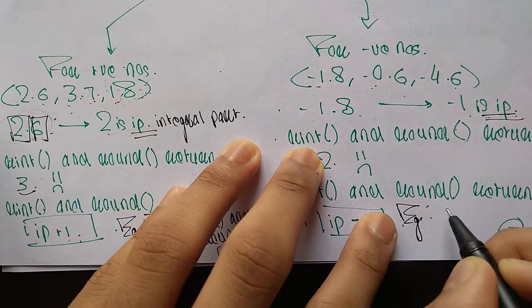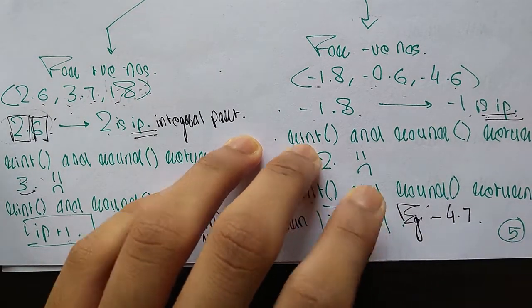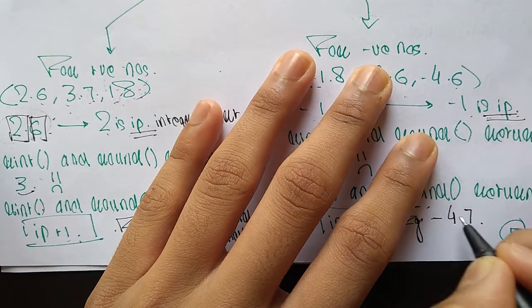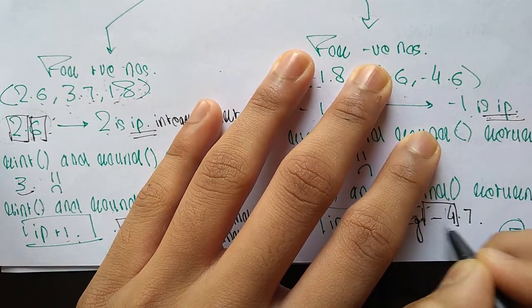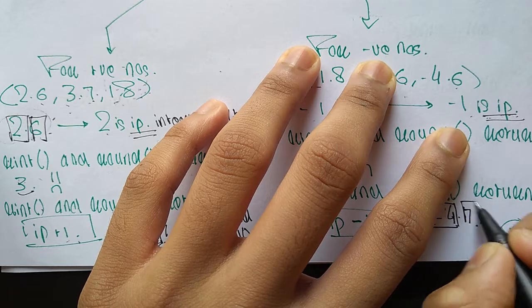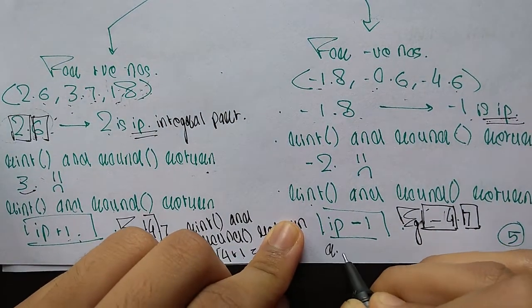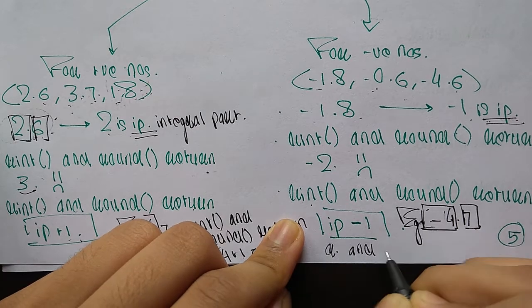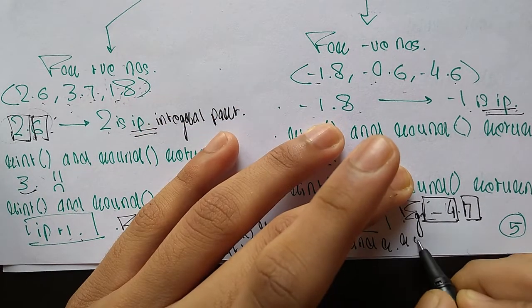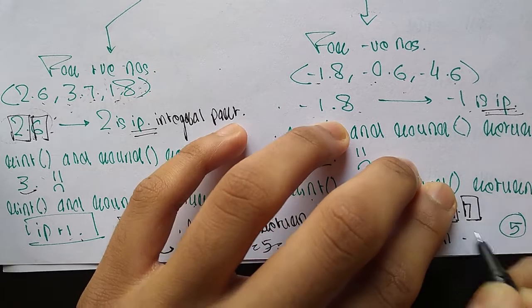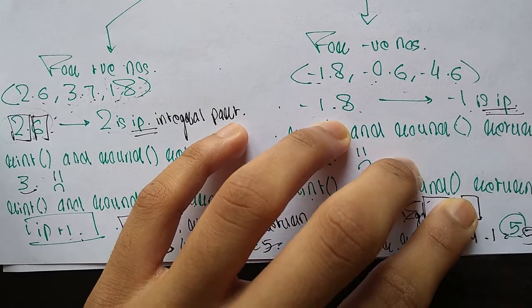Take an example, minus 4.7. Here the integral part is not just 4, it is minus 4, and the fractional part is 7. So rint and round return minus 4 minus 1, which is minus 5.